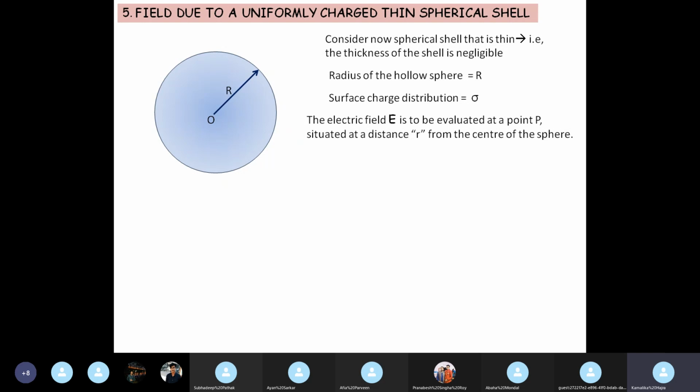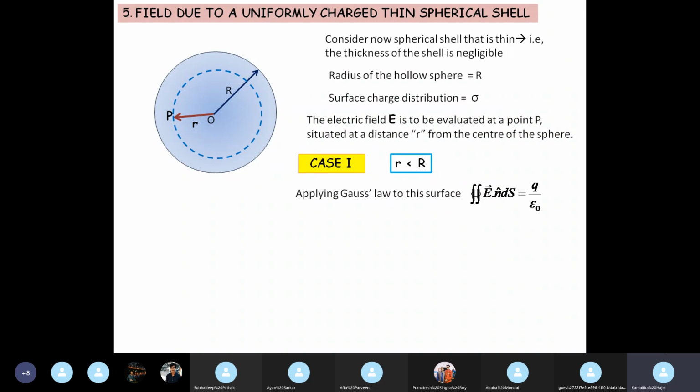Once again, the electric field is to be evaluated at the point P situated at a distance r from the center of the sphere. So case 1, r is less than capital R, somewhere inside the thin spherical shell. We draw a Gaussian surface passing through the point P with radius r and apply Gauss's law, but Q is 0 because it is a hollow sphere, so there is no enclosed charge.